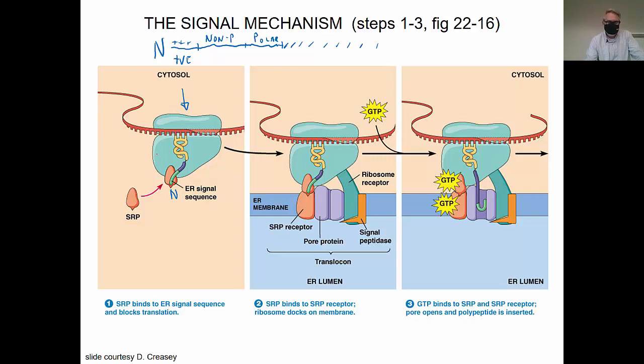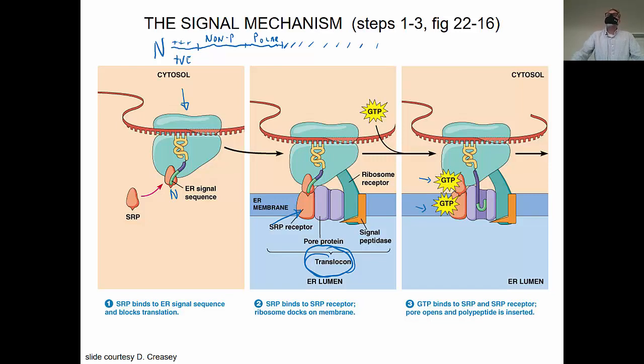The SRP recognizes a receptor on the surface of the ER, and that receptor is part of the translocon, which is what is going to ultimately translocate that protein into the lumen. So this binds, we then get 2 GTPs coming in, okay?